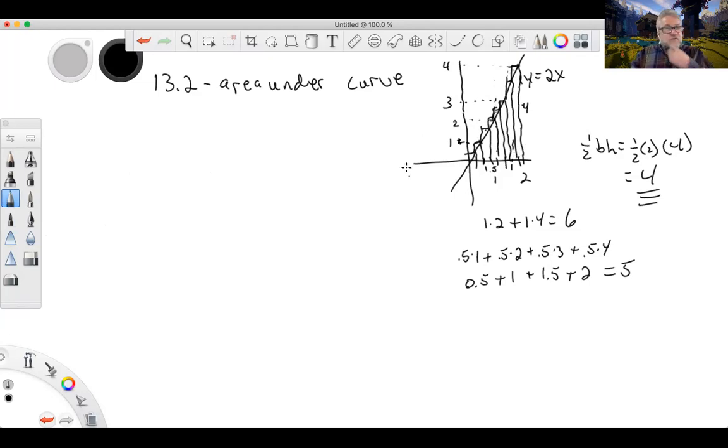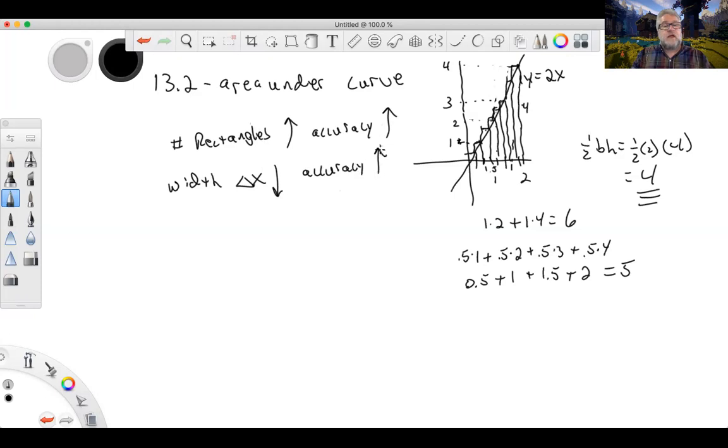And so as the number of rectangles increases, the accuracy will increase. And if I write it another way, as the width of the rectangle, delta x, goes down, the accuracy goes up. When we use more rectangles, this always causes the width to go down.